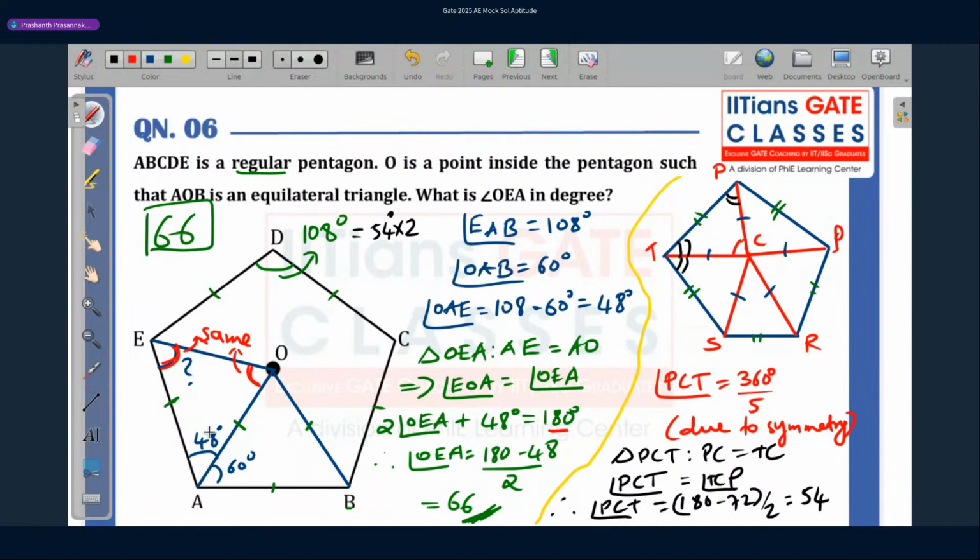Fifty-four into 5 plus 60. I'm not sure how you're getting there. I have no idea how you're getting 84. Why you're doing 85 also.